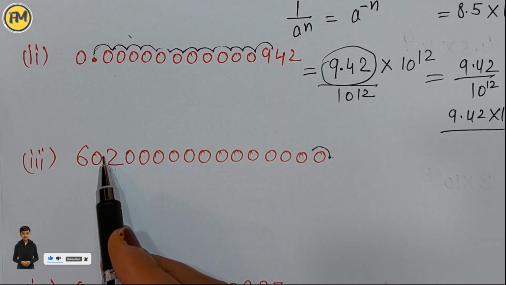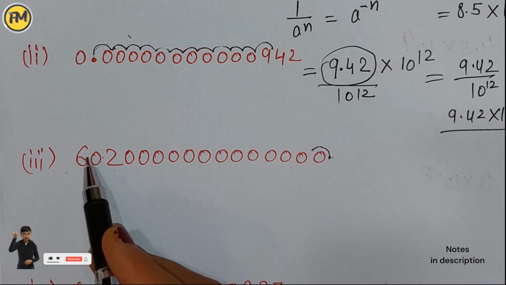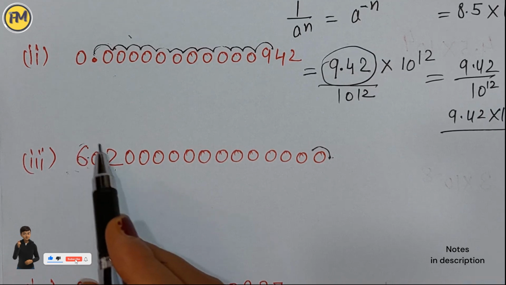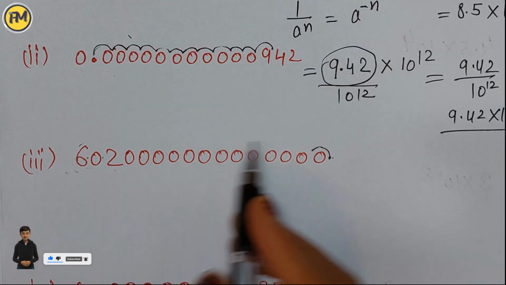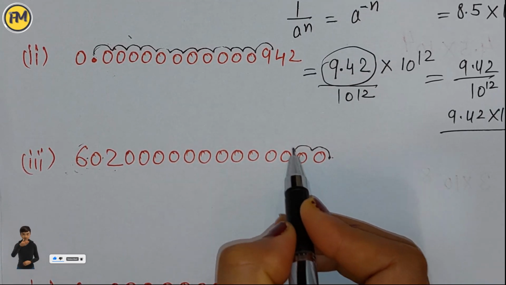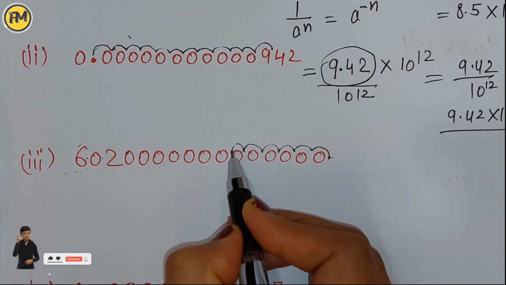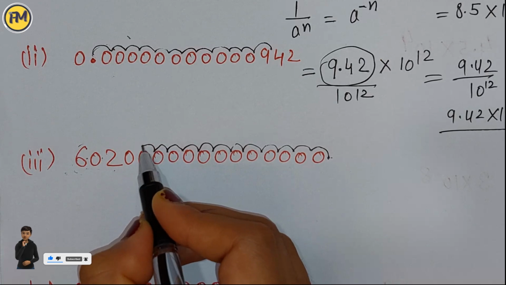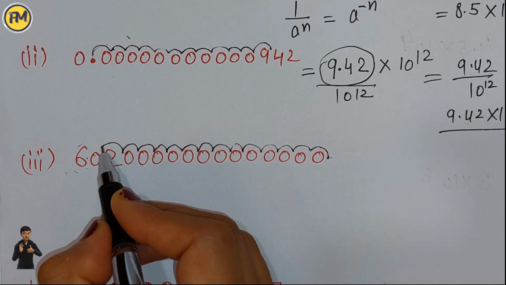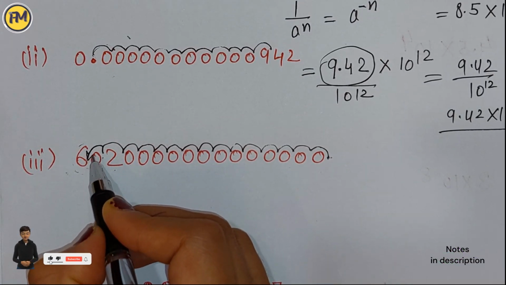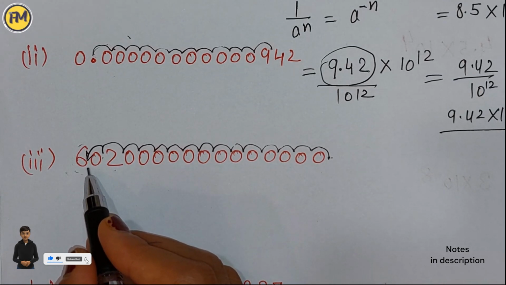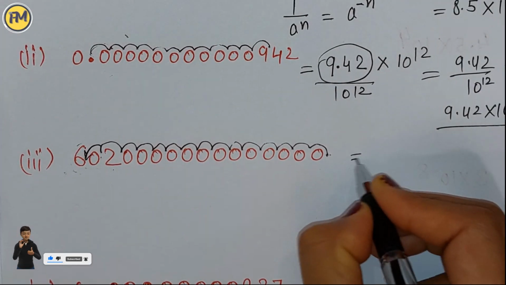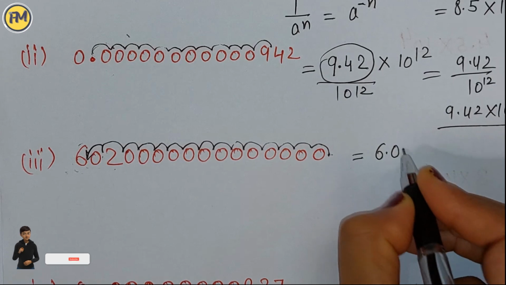We can't stop here, otherwise it will become 60. We will stop here because our m should be less than 10. So now count the steps: 1, 2, 3, 4, 5, 6, 7, 8, 9, 10, 11, 12, 13, 14, 15. So here we are reaching in 15 steps. So now it will become 6.02.